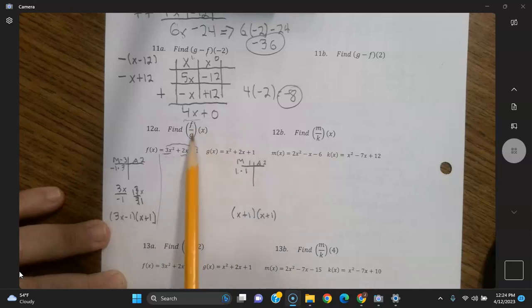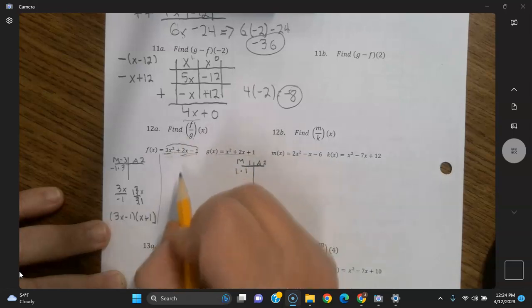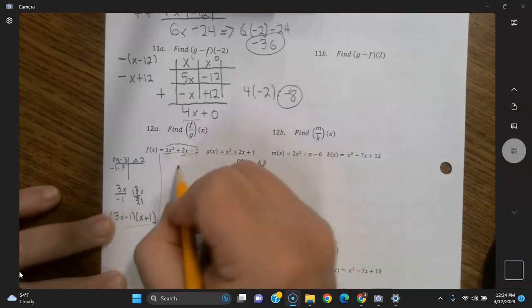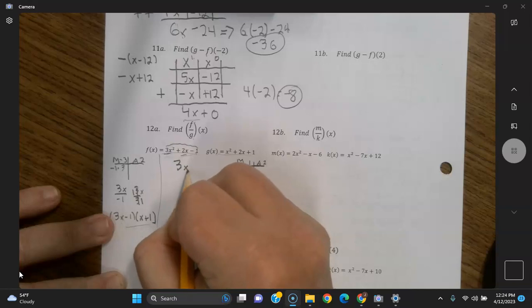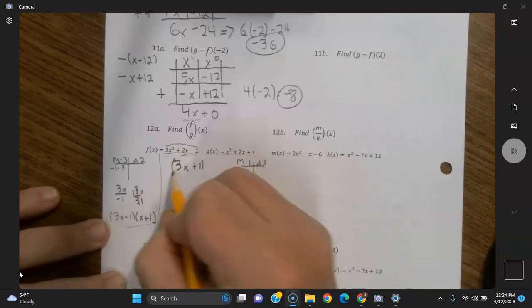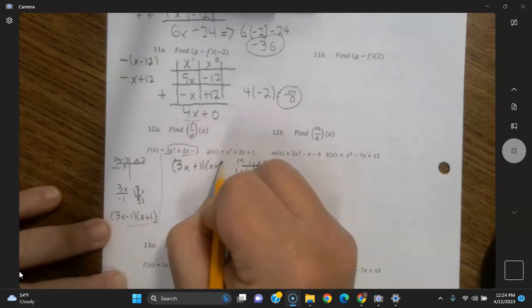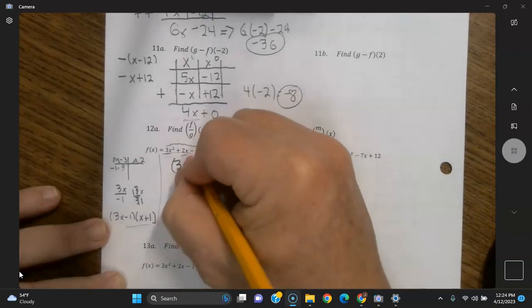So now I've got to stack them on top of each other. Okay, it's f over g, this one over this one. So I'm going to come over here and write that, but I'm going to write it in factored form. 3x plus 1 times x plus 1. That was 3x minus 1.